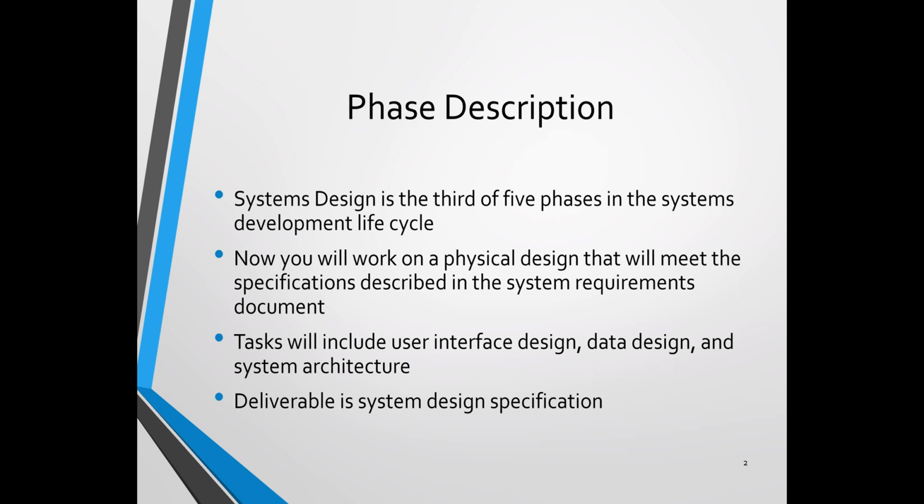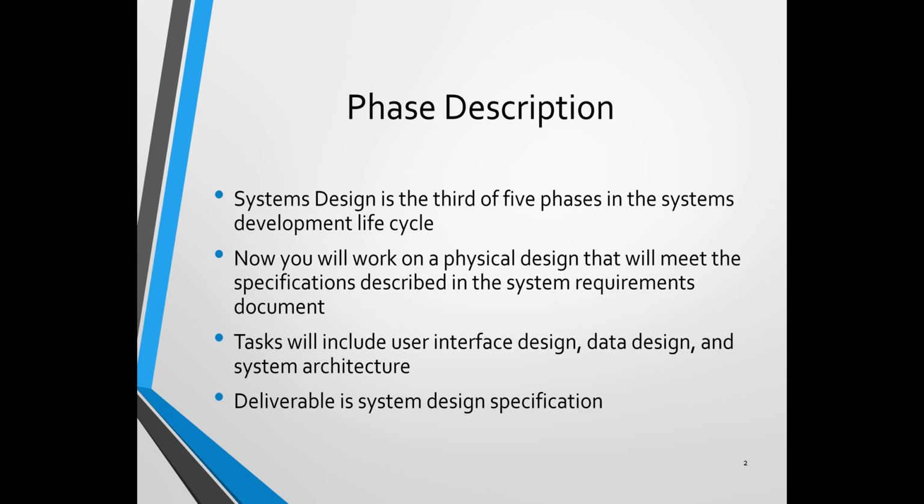When you get the system requirement document, the design must conform to and be compatible with those system requirement documents. Tasks include user interface design, data design, and system architecture. And the deliverable from this phase is the system design specification.